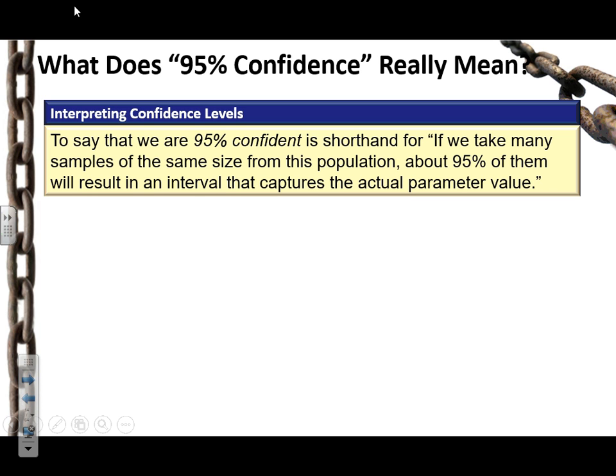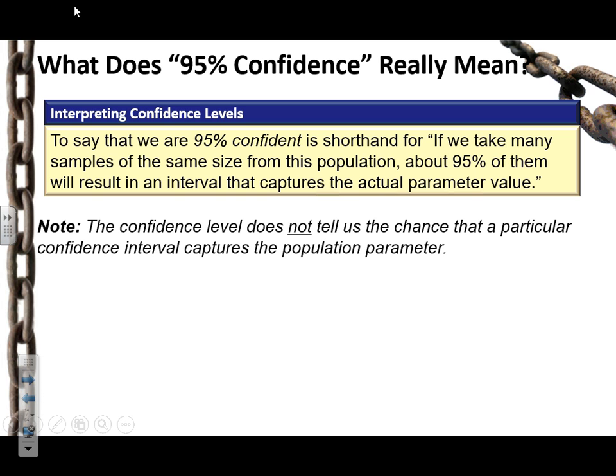Now, one thing people tend to misinterpret here: this does not mean that when I create an interval, I have a 95% chance of capturing the true value. It doesn't give us the probability that one single interval in particular captures the true value, which should make sense.